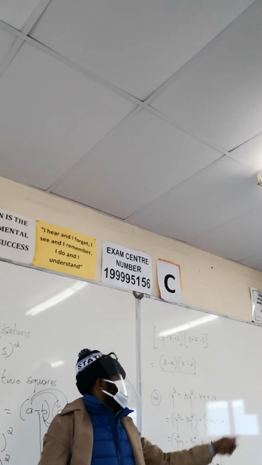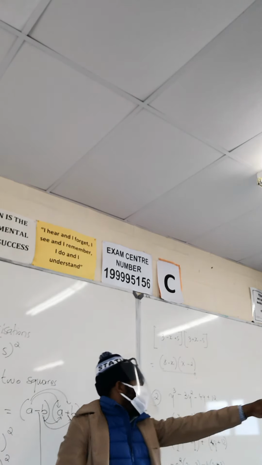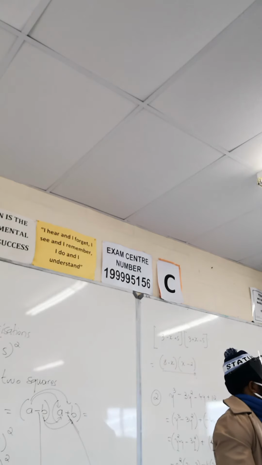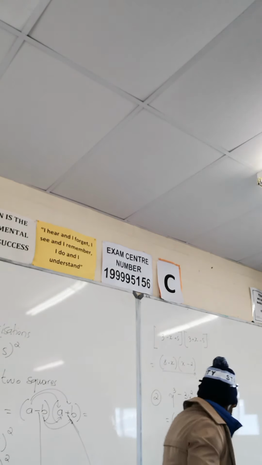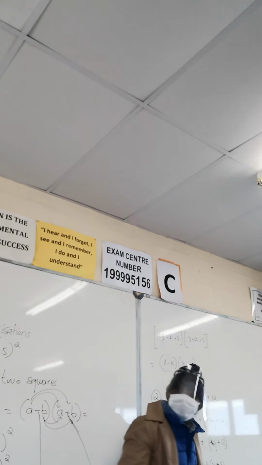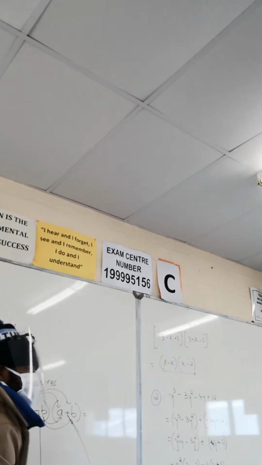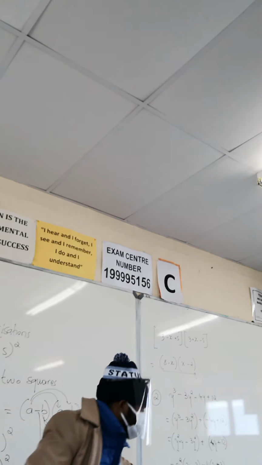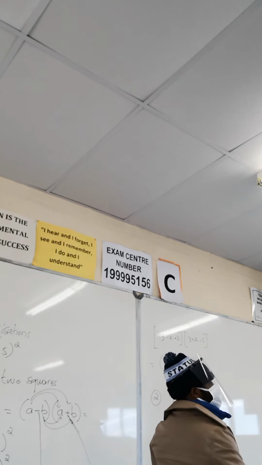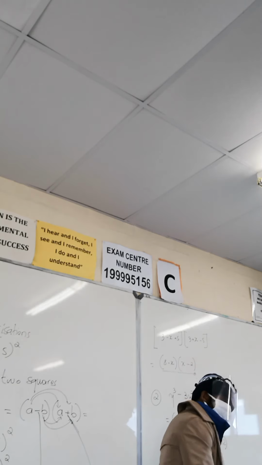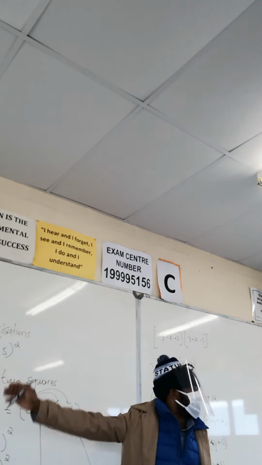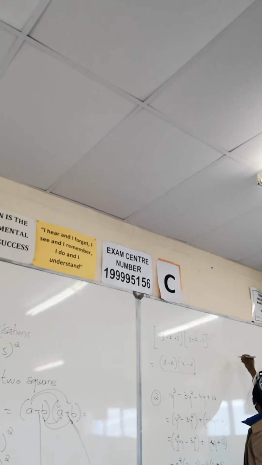Can we stop there? No. Why? Because we now have the difference of two squares. You cannot stop there. If you stop there, they're only going to give you half of a point. So we'll have y minus 3 in brackets.